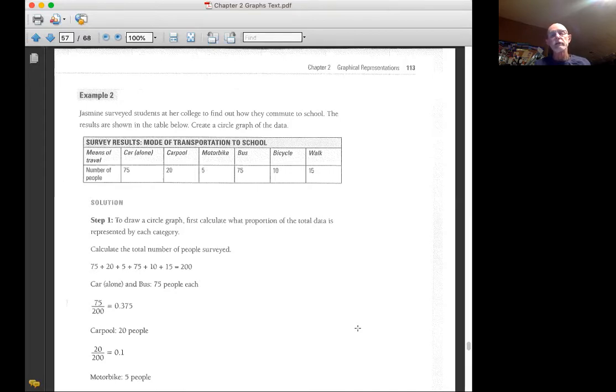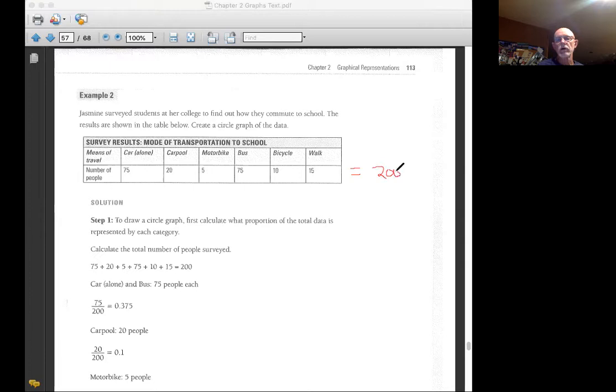When you're given a table of data, I like the way they've done this, in that they've given you a lot of room within each one of the squares. So my suggestion is that when you do something like this, you start by adding all these values up across the page, and so you get the total. In this case, if you add them up, this comes up to 200.